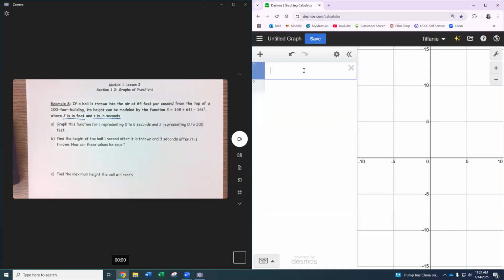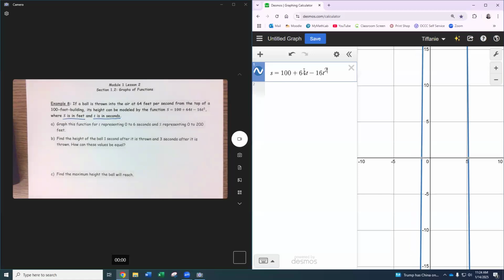So exiting out of everything. I've got s equals 100 plus 64t minus 16t squared. Okay, so there's my function, which this function is pretty cool, actually. And I want to talk about this function.